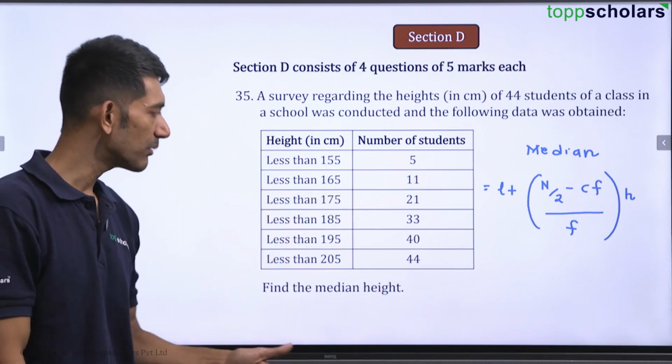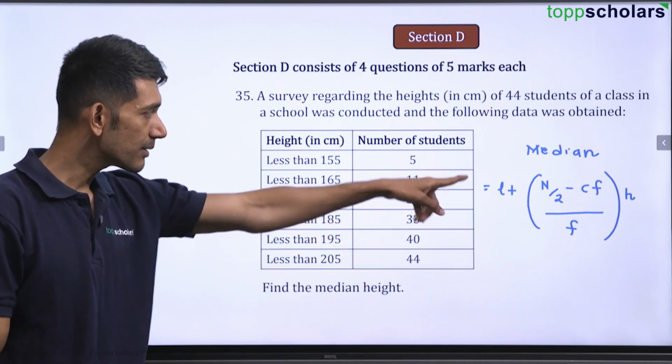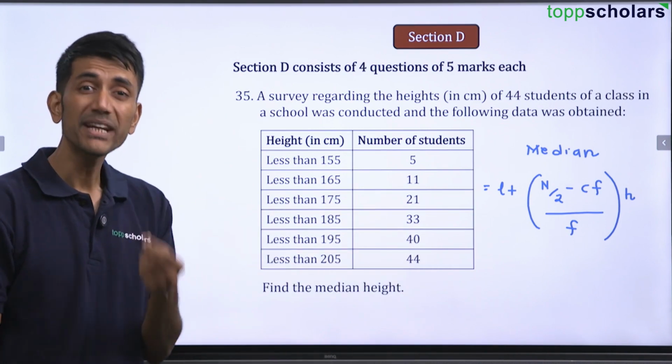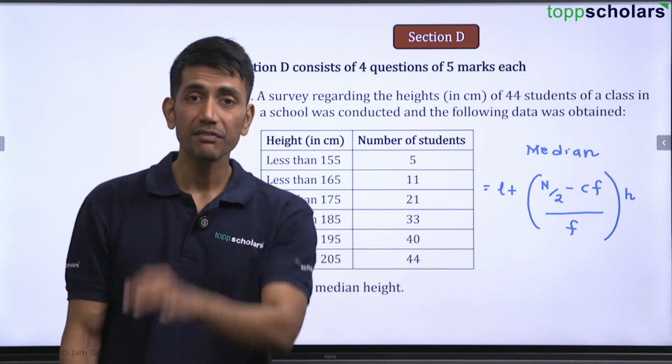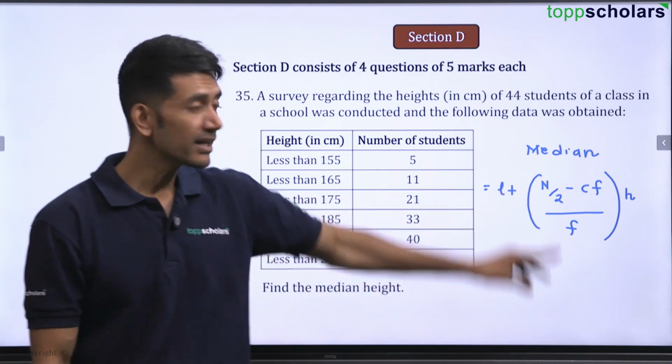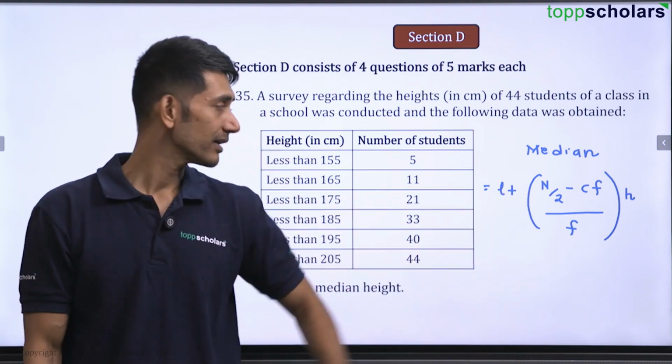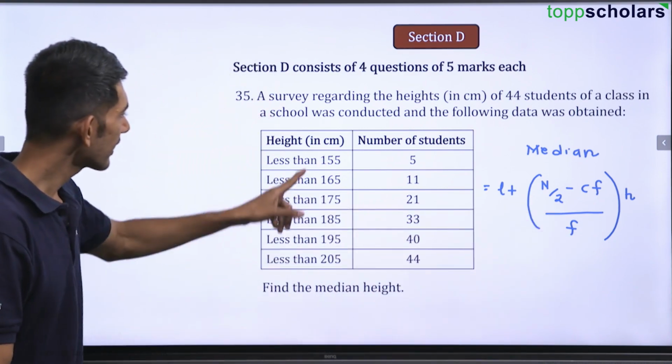So we need to find out n by 2. N means total frequency. Then we need to see the median class. Then L is the lower limit of the median class. F is the frequency of the median class. Cf is the preceding frequency. And then H is the class width.